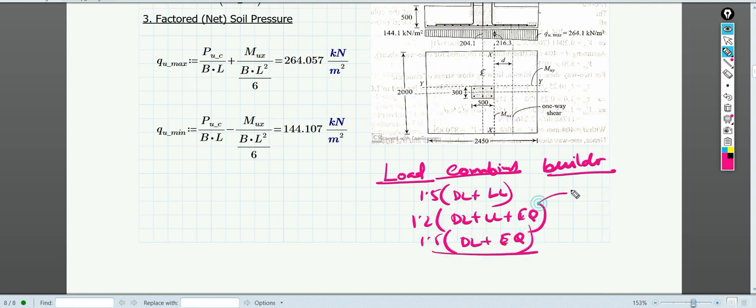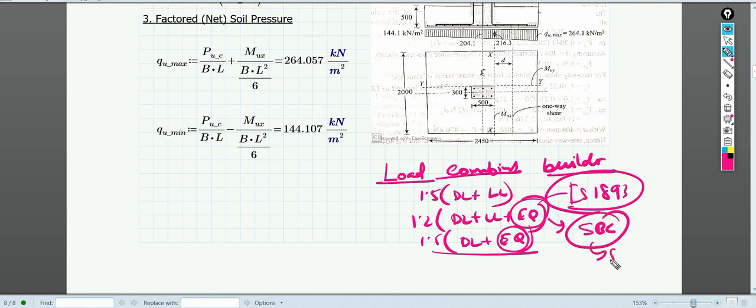As per IS 1893, you can check in this code that whenever there is an earthquake load, we can increase the safe bearing capacity depending upon the soil condition.